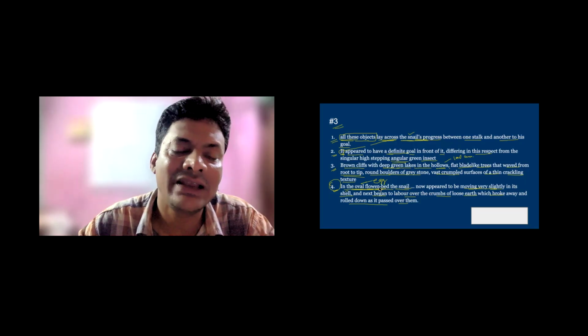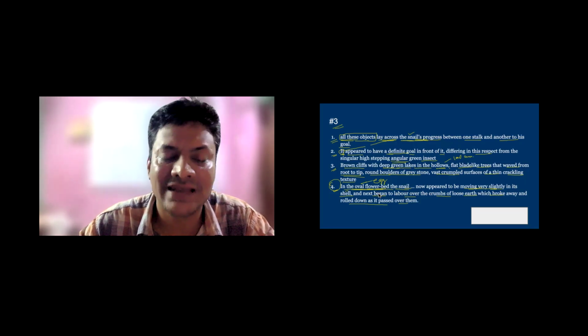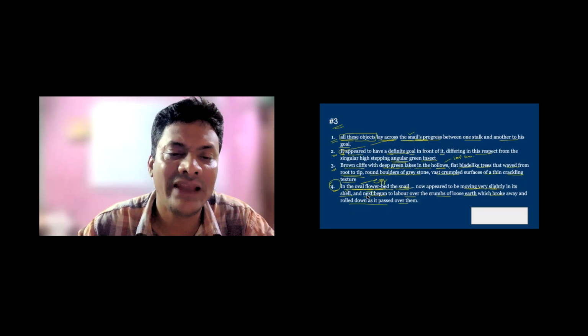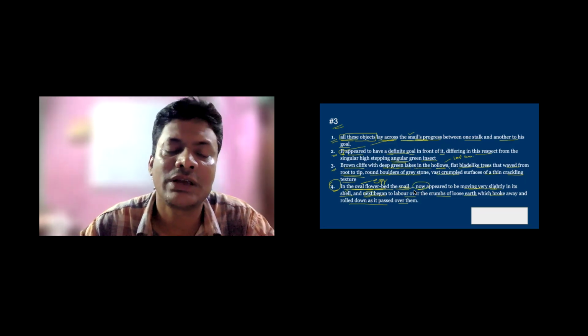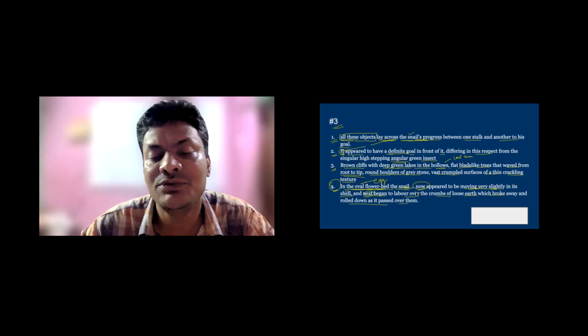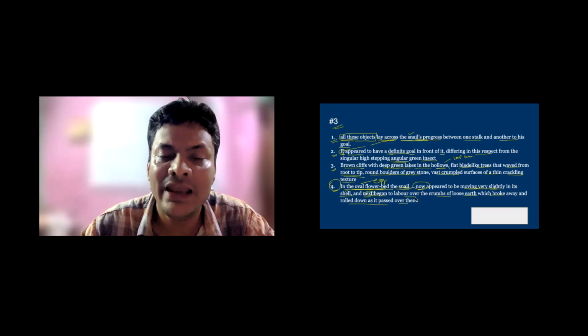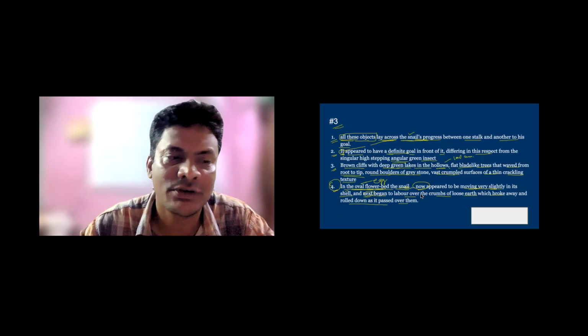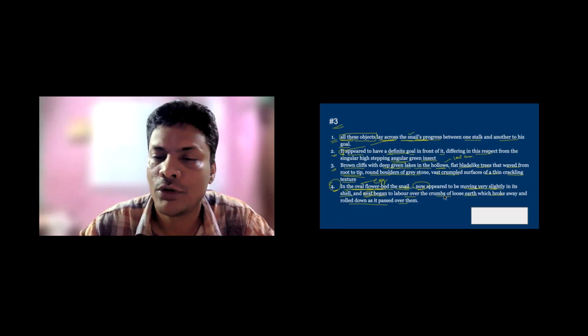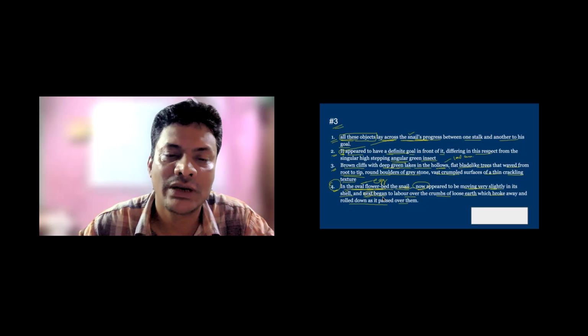And then it is stated, at first the snail seems to barely move with the effort over the soft, loose soil, isn't it? So that's what is stated.